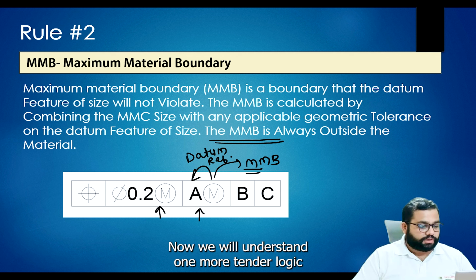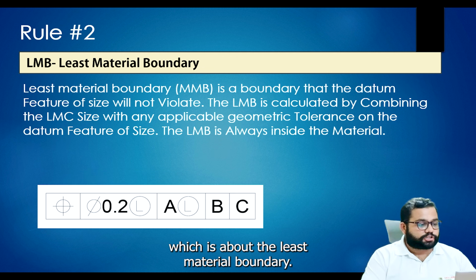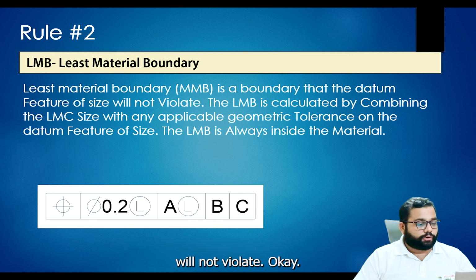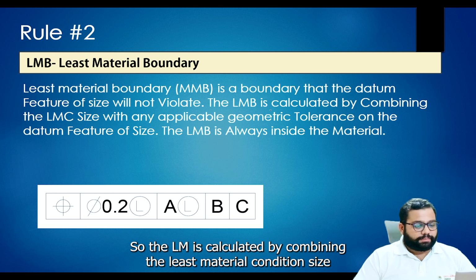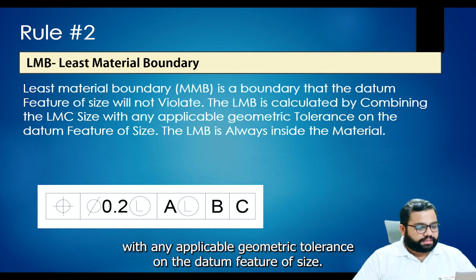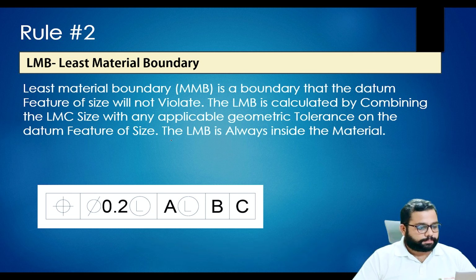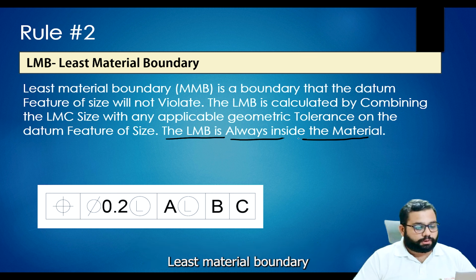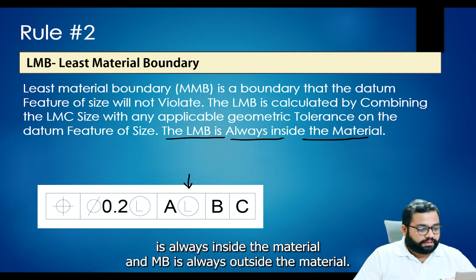Okay. So this is the very important thing. Now we will understand one more terminology, which is the least material boundary. So least material boundary is a boundary that the datum feature of size will not violate. Okay. The LMB is calculated by combining the least material condition size with any applicable geometric tolerance on the datum feature of size. The LMB is always inside the material. Okay. So least material boundary is always inside the material, and MMB is always outside the material.